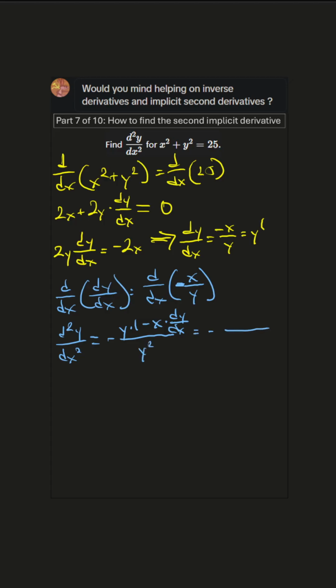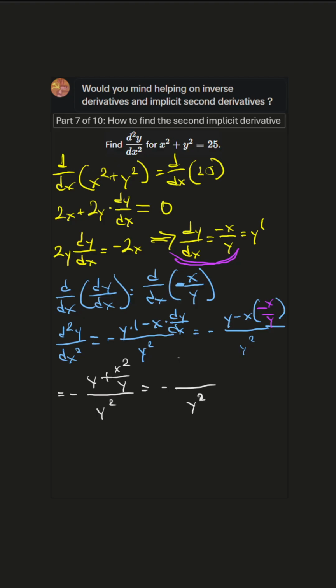Let's continue. We have y minus x times something here. Now what's that something? Well, we found that dy dx equals negative x over y. So let's plug that in and continue simplifying. So we have y plus x squared over y. Now we can find a common denominator in the numerator, and that'll be y.